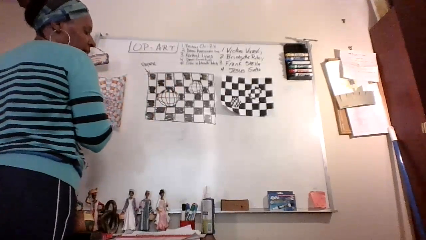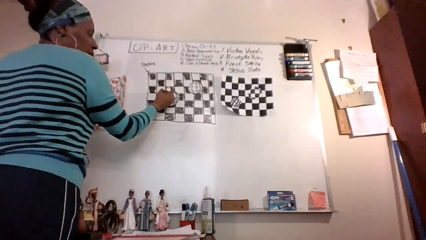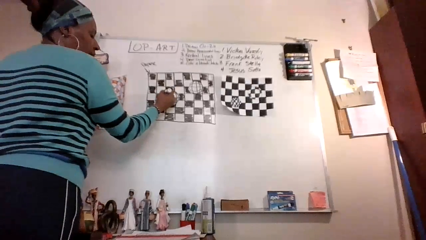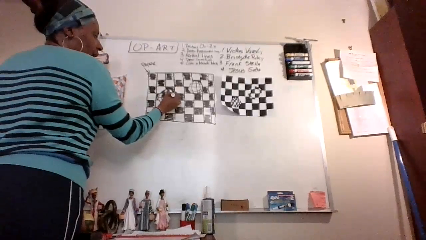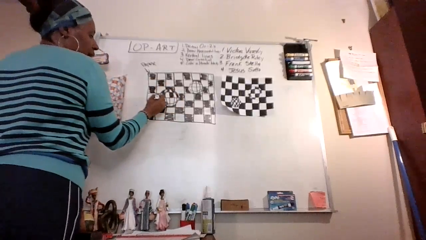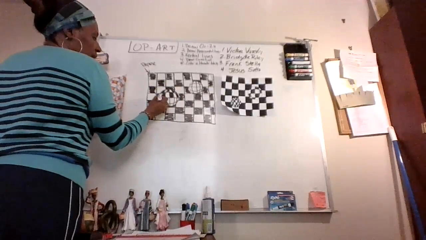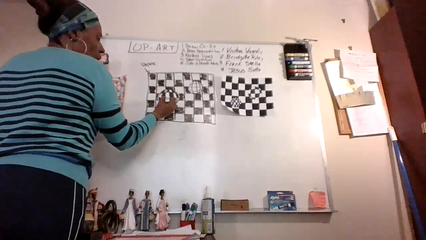That one stays white. I jump down, white, black. So the same thing you did on your background, you do on your actual object that's there, which in this case is a circle, which has become a sphere or a ball.